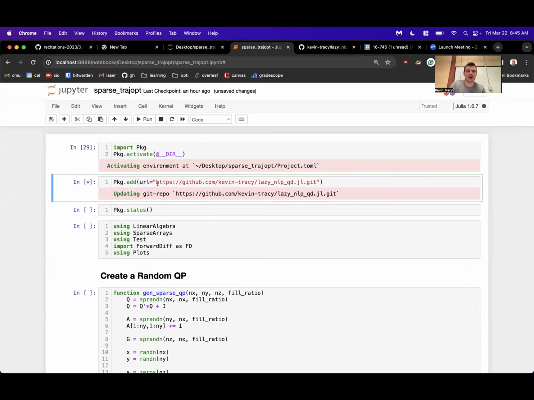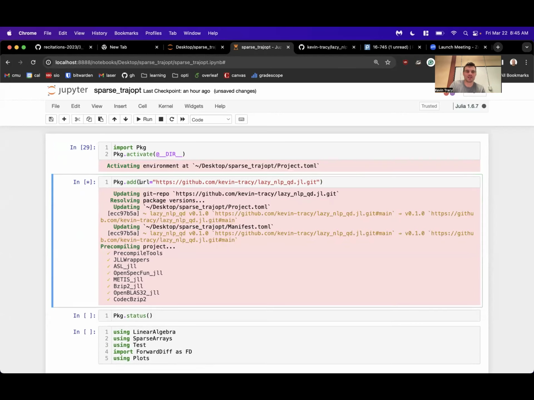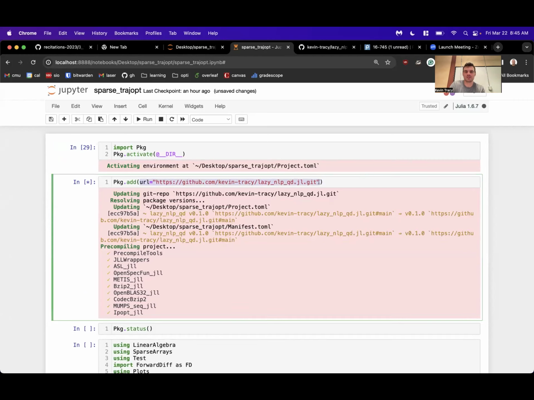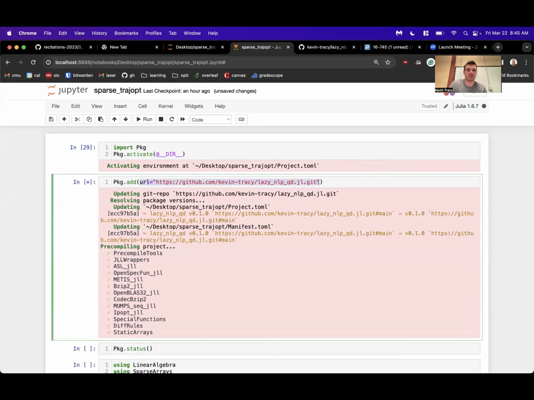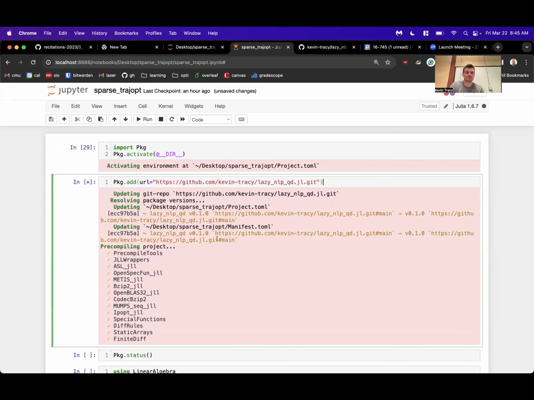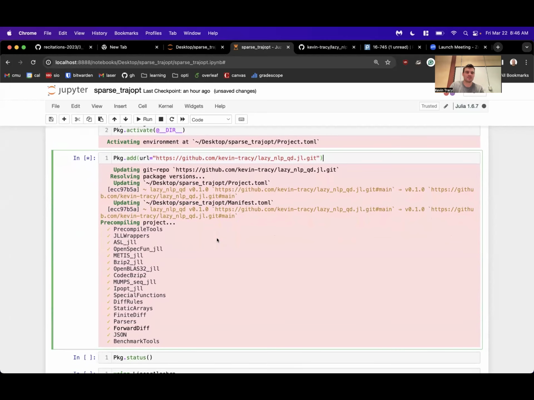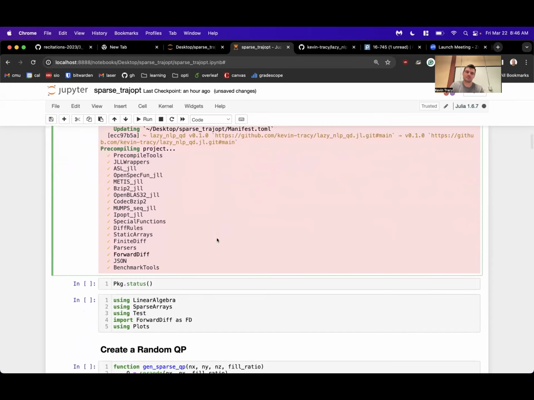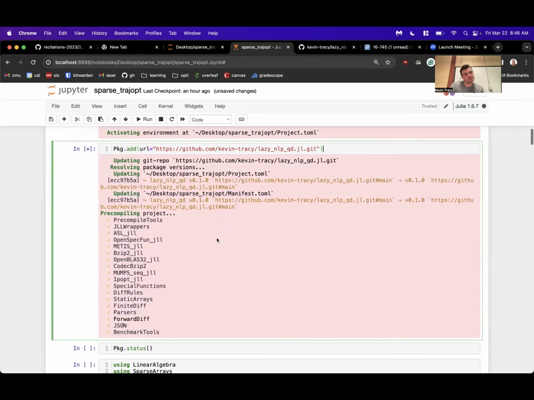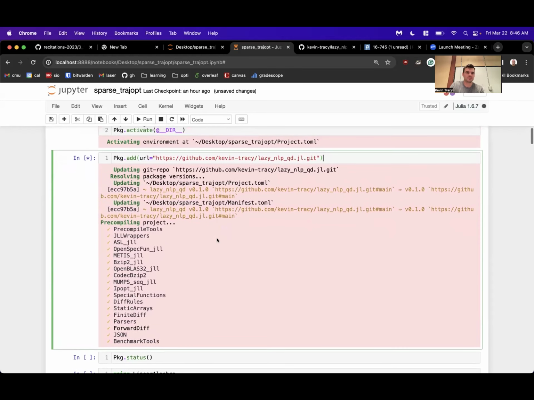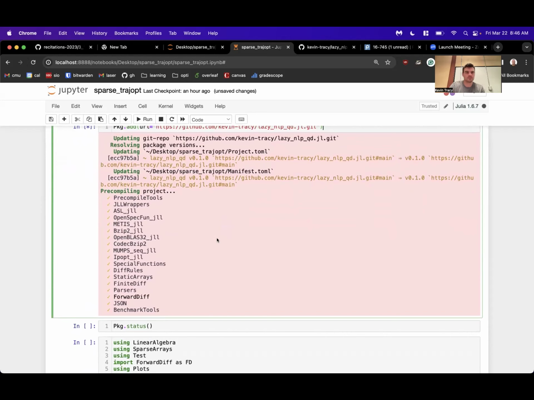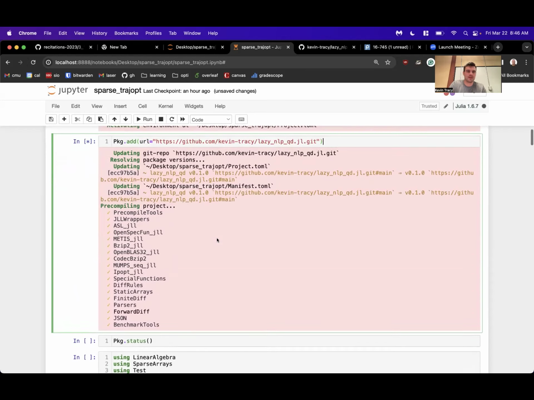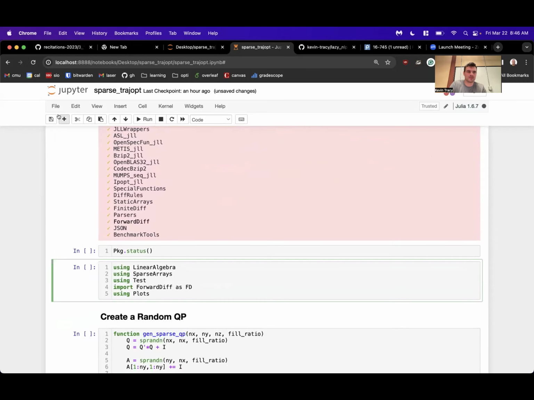I add the package using this. It's not a registered Julia package yet, it's still just hosted on my own GitHub, so we add it like this.